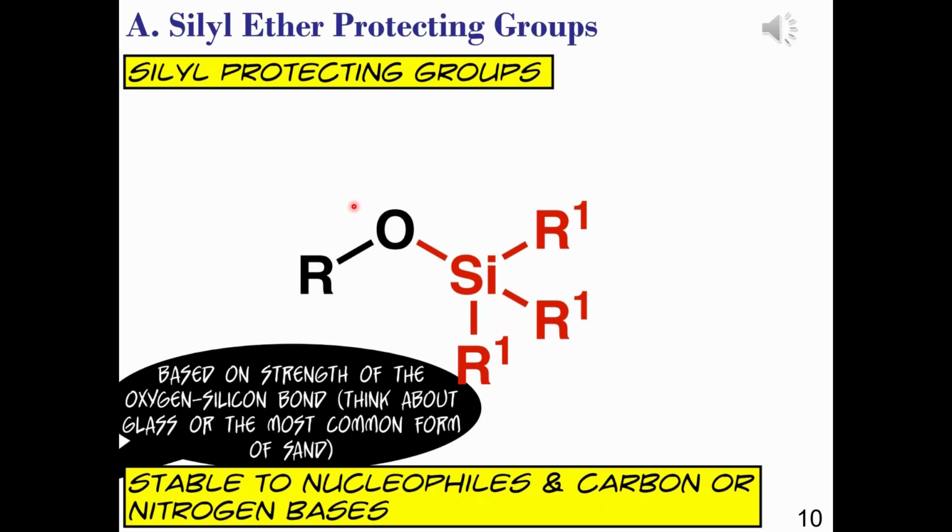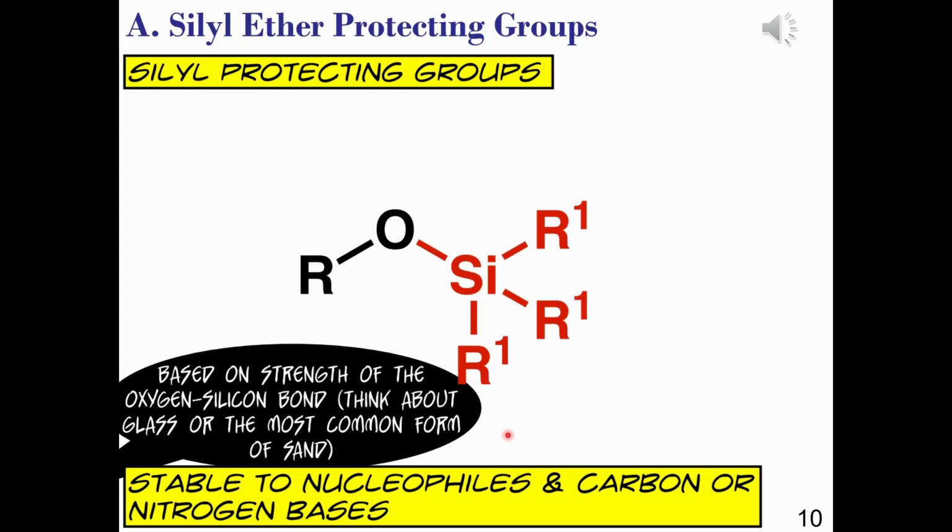Now, these are advantageous for a number of reasons. Firstly, the protecting group forms a strong oxygen-silicon bond, which means it's stable to use with nucleophiles and carbon or nitrogen bases. Secondly, the silyl ether protecting groups usually require much milder conditions for their subsequent deprotection.